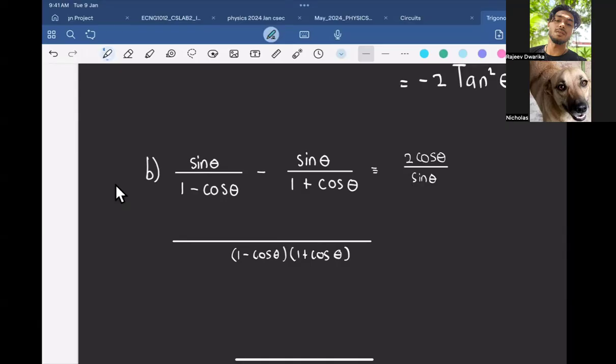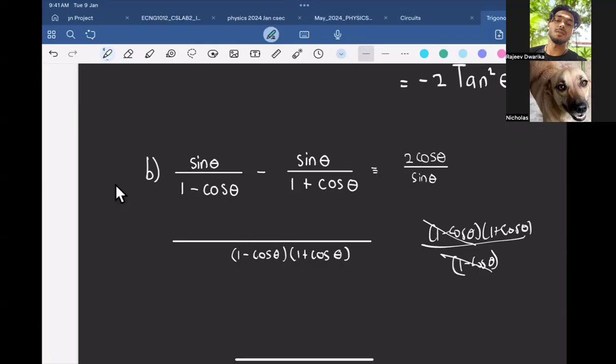Watch, this is what I mean: 1 minus cos theta by 1 plus cos theta all over 1 minus cos theta. These two will cancel off and it will leave you with 1 plus cos theta.